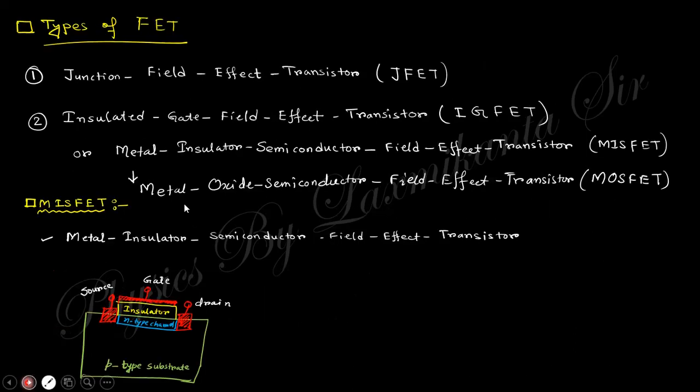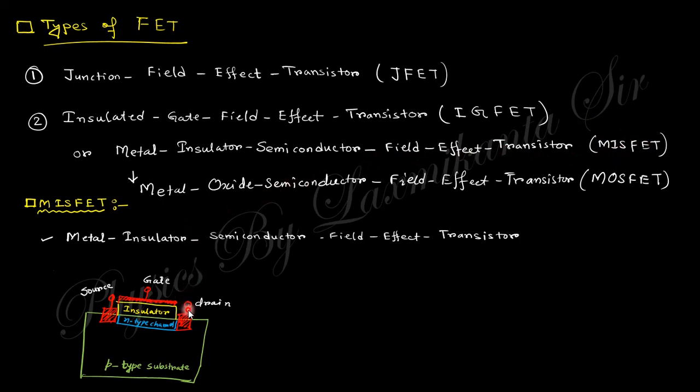Types of FET: there are mainly two types available, the JFET and the MOSFET or MISFET. JFET means junction field effect transistor, where the junction is affected by the field. The other type is the insulated gate field effect transistor, or metal insulator semiconductor field effect transistor, the MISFET.